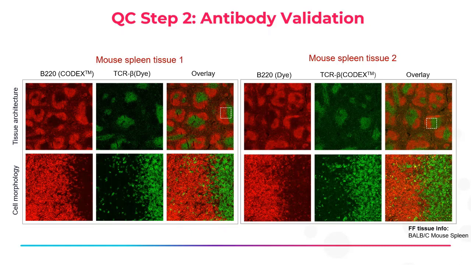When CODEX barcoded antibodies are compared to their dye-conjugated counterparts, the correct staining pattern is observed and the overall cell distribution is consistent. Regions of interest are shown in white, dotted squares, and zooming into those selected regions show that the cell morphology is visible and it displays the expected staining pattern.